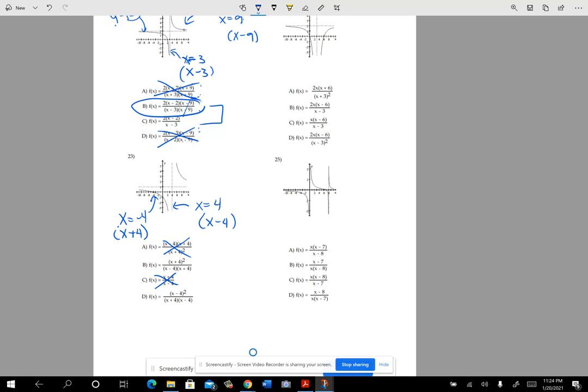All right, now I'm noticing how this appears to be crossing the x-axis right there at that -4. All right, so that means that that would go with this guy.